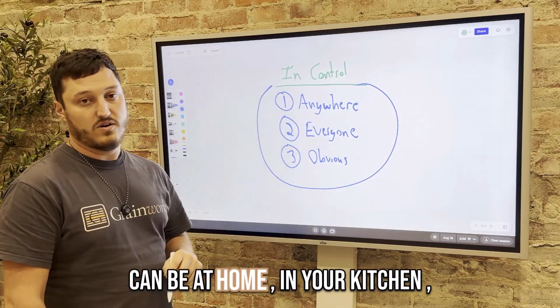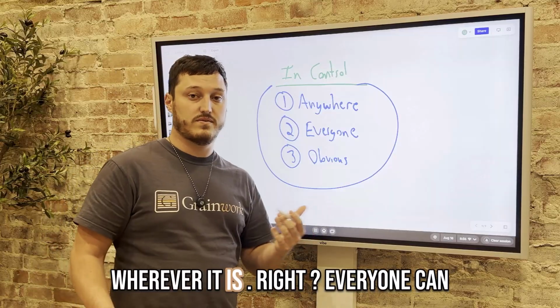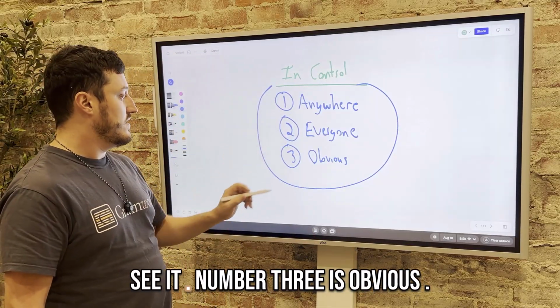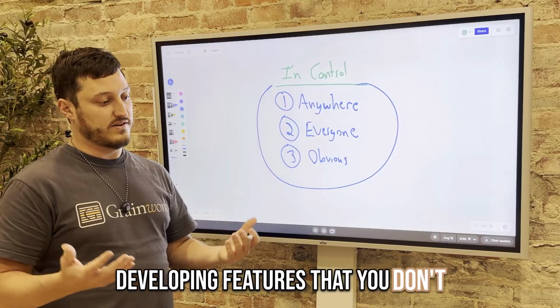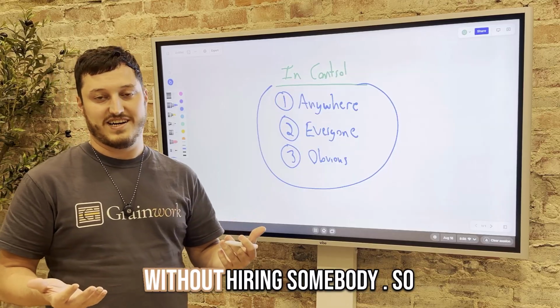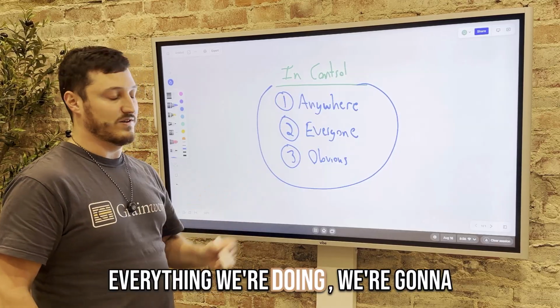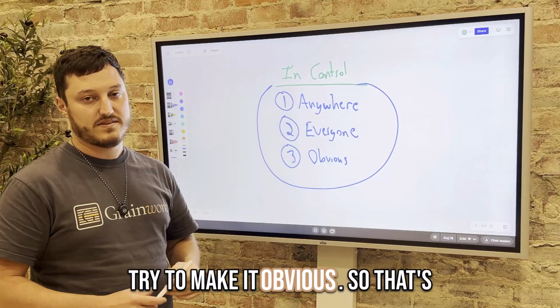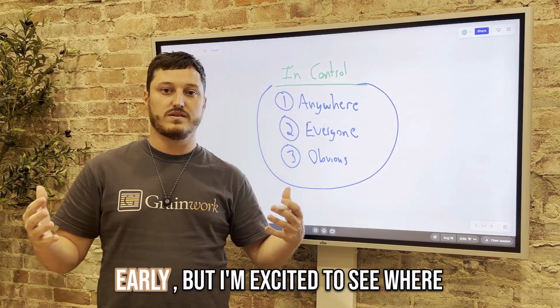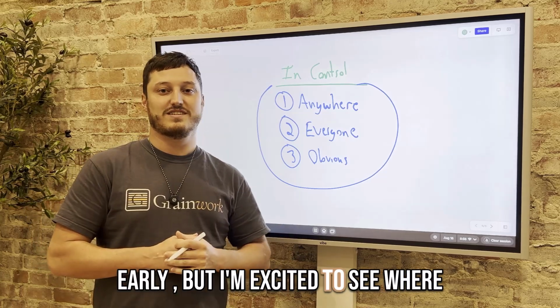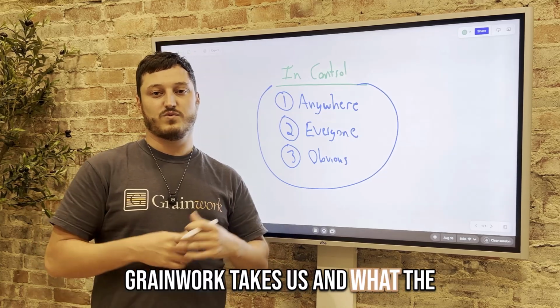And that can be at home, in your kitchen, wherever it is. Everyone can see it. Number three is obvious. We're not going to spend a lot of time developing features that you don't know how to use or are unable to use without hiring somebody. So everything we're doing, we're going to try to make it obvious. So that's the core concept we're building around, and we're still early, but I'm excited to see where Grainwork takes us and what the future holds.